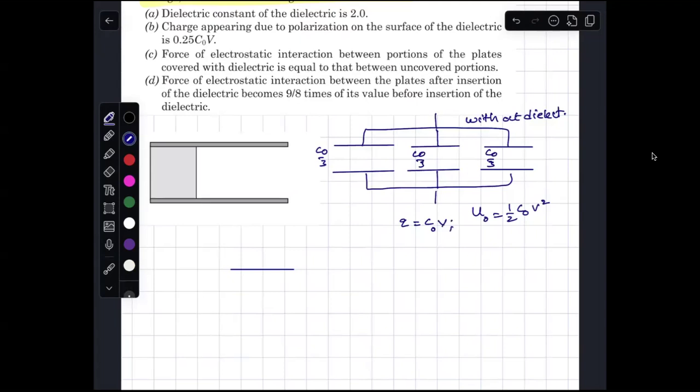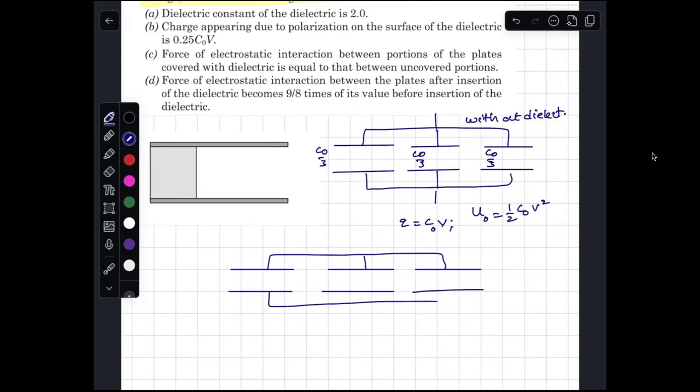Now, what happens thereafter is this will become K C naught by 3, and they are still C naught by 3, C naught by 3.